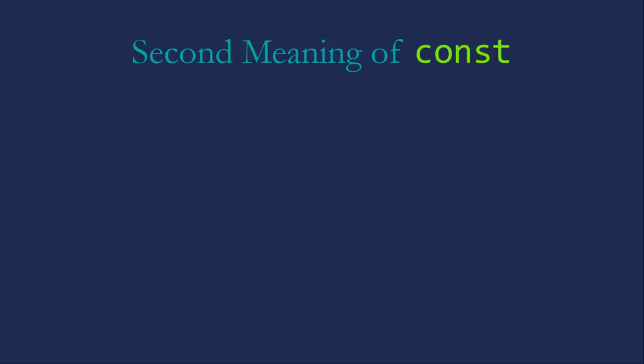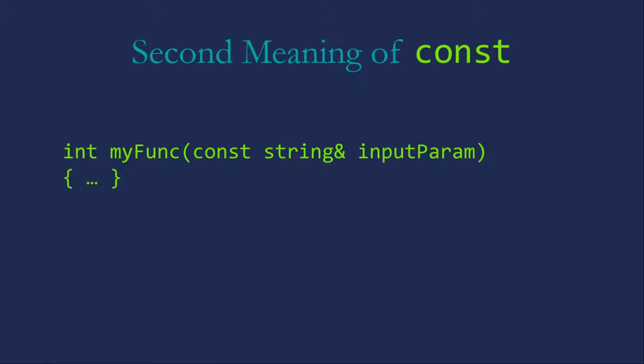When we have parameters that could otherwise be modified, either because they were passed by reference or because they were arrays, where we're normally able to change their contents when they're a parameter, we can add the keyword const before the parameter type to specify that it won't change. So here's an example of that.